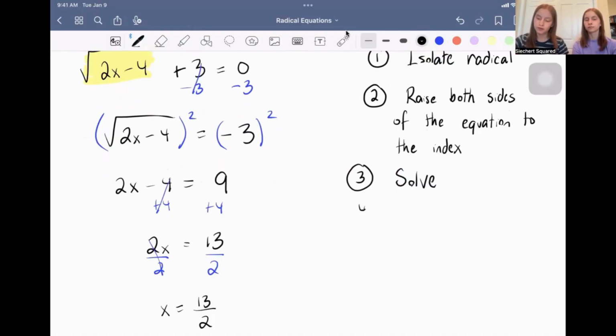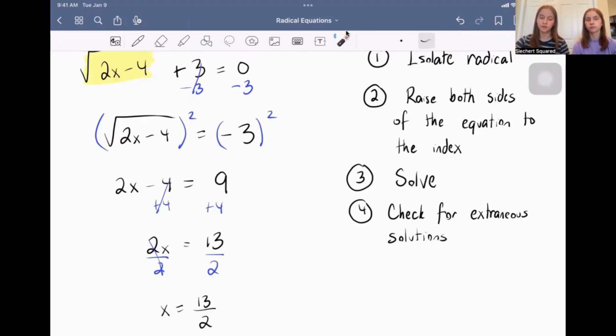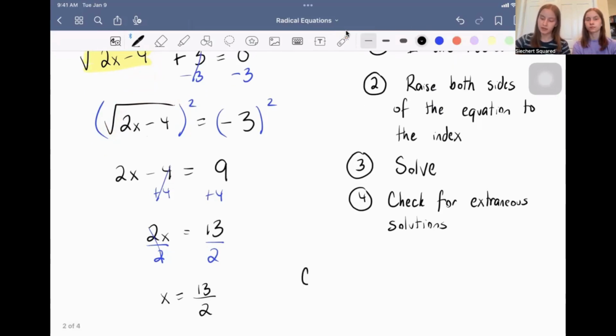So our fourth step here is we need to take our solution and check for extraneous solutions. Part of the reason that extraneous solutions show up is because of that square root. I'll show you us checking it, and then I'll show you something back in the equation. I always like to label where I check it to make my work nice and clean.